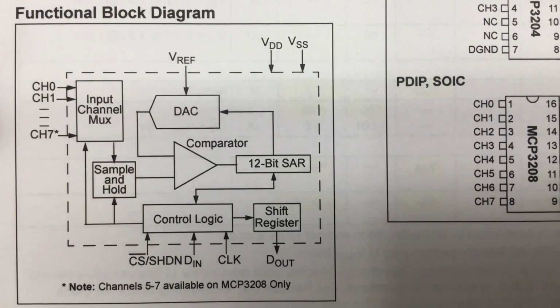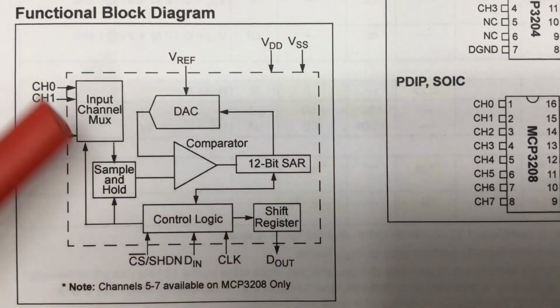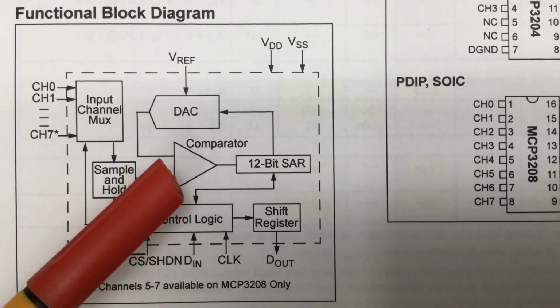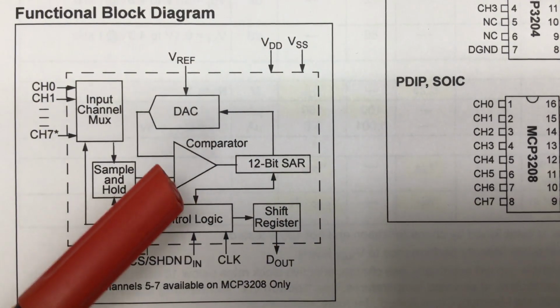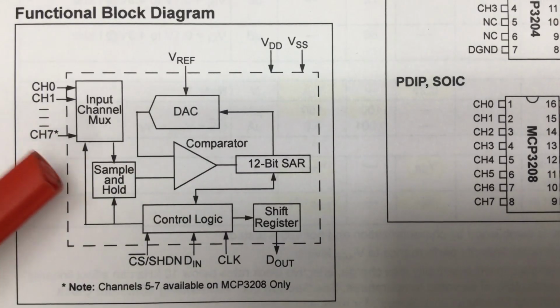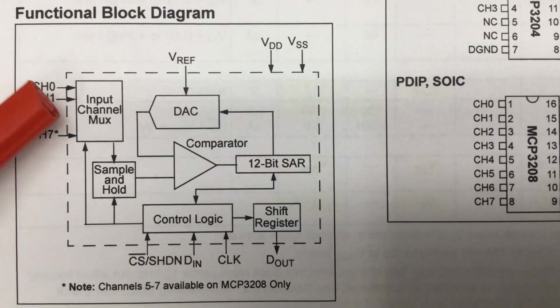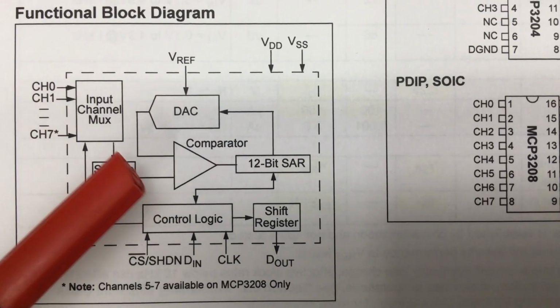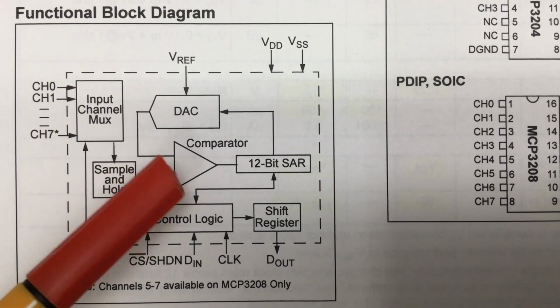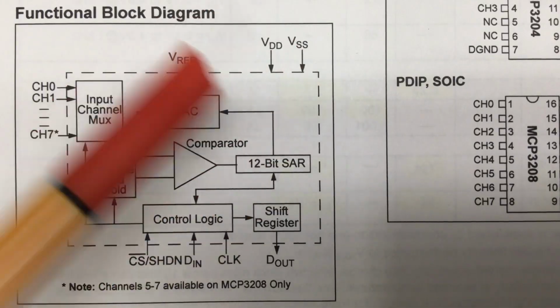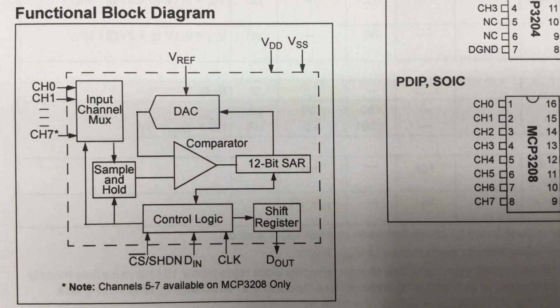According to the functional block diagram, we only have a single successive approximation digital to analog converter. So even a pseudo-differential measurement takes the inputs from two channels, but we can only convert a single analog value into a digital one.